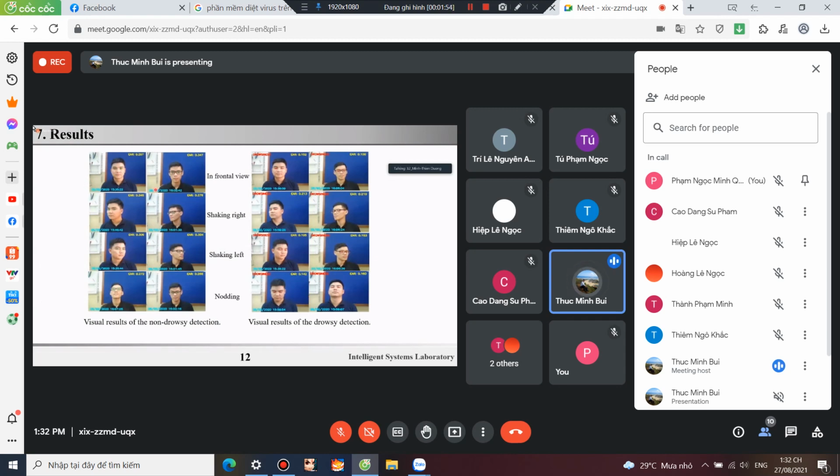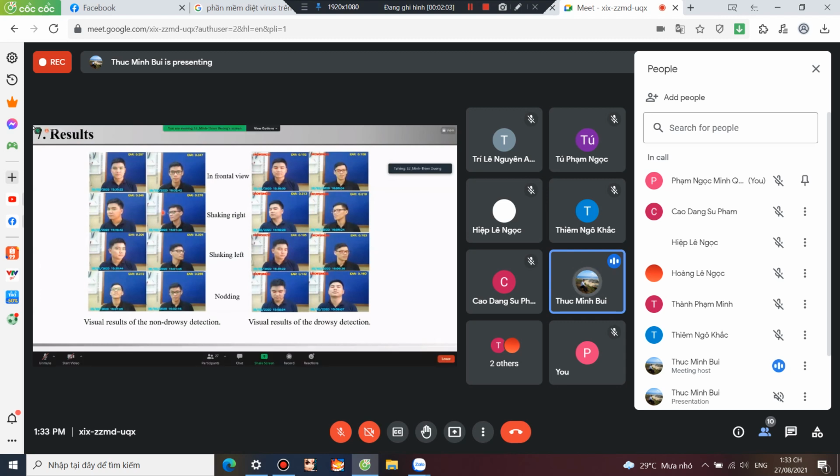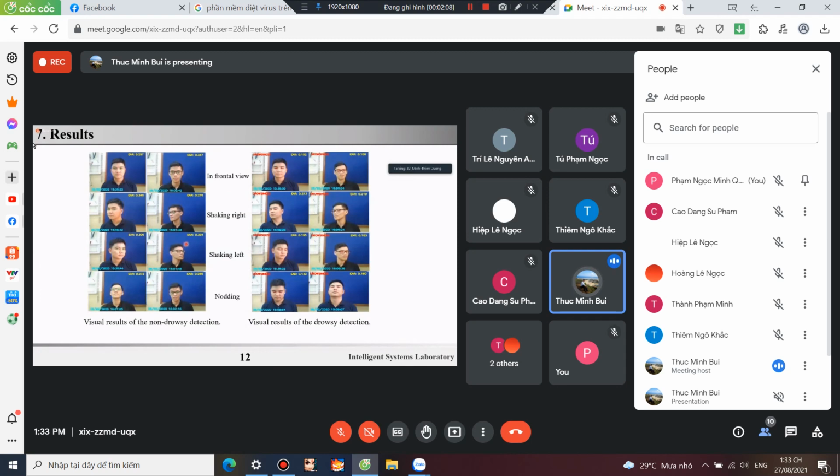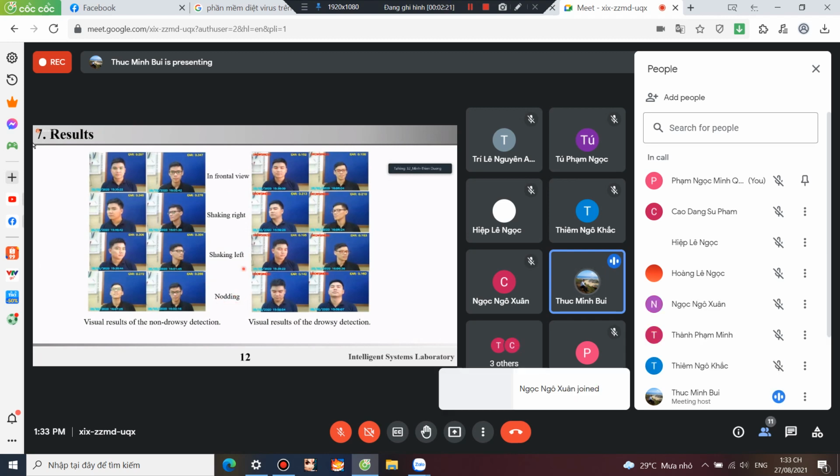The first row shows the detection result in the frontal view, and the second and third rows illustrate the detection results at head pose angles of looking left, right, and left. And the last row exhibits the detection result at the head pose angle of nodding. The computing accuracy suggests that our research has the potential for practical application.